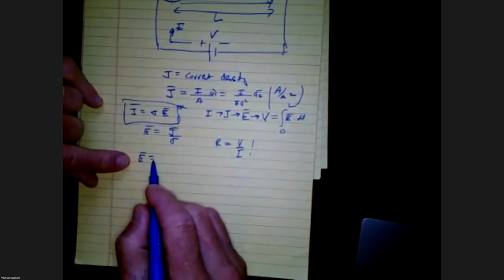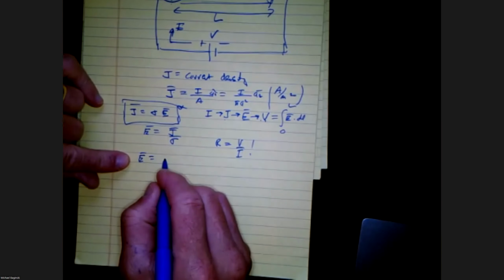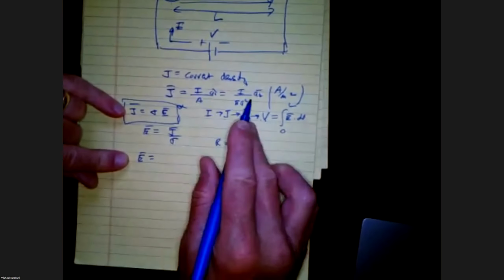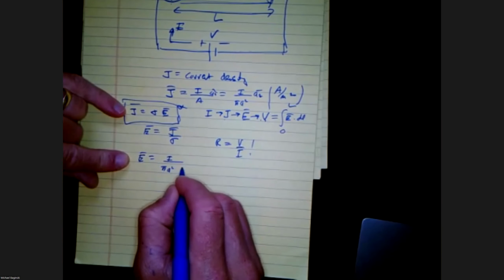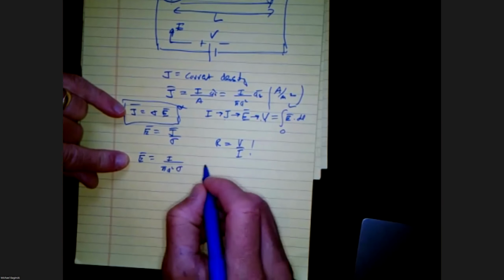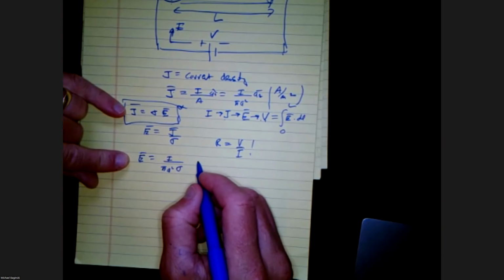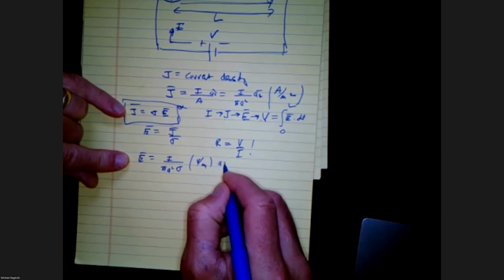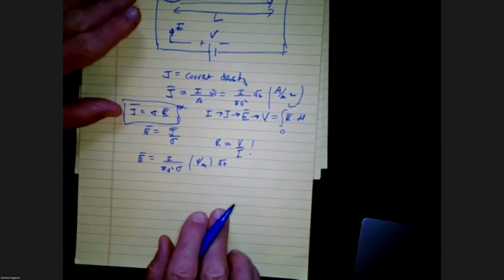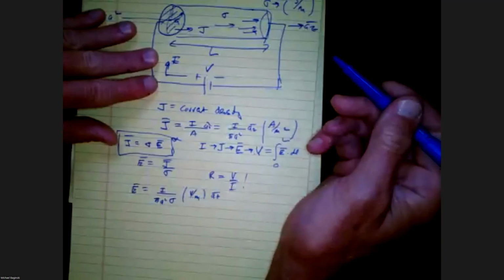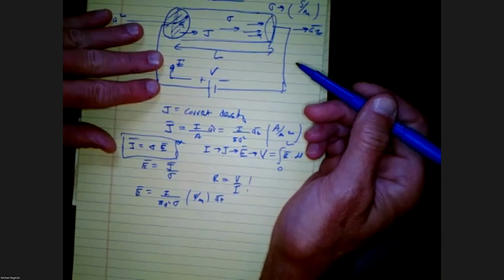That value of E is going to be J, so it's equal to I over pi A squared divided by sigma. And that will be in volts per meter, and it is in the AZ direction for this one. Y'all follow me? Can y'all follow me on this one? Yeah.